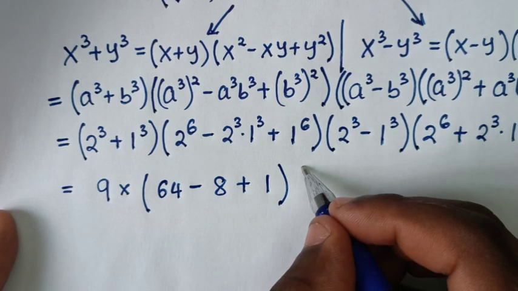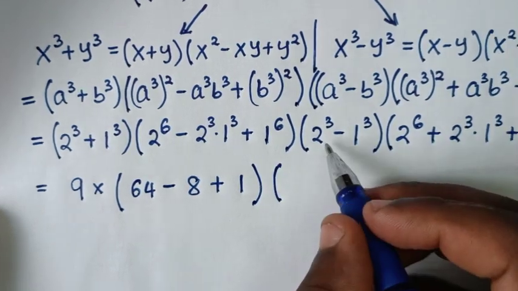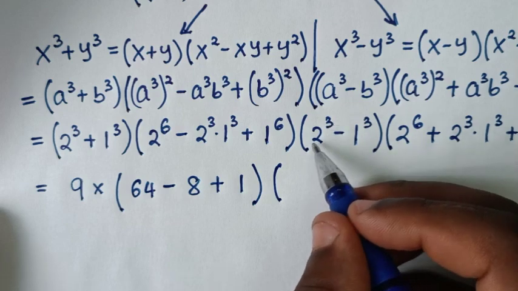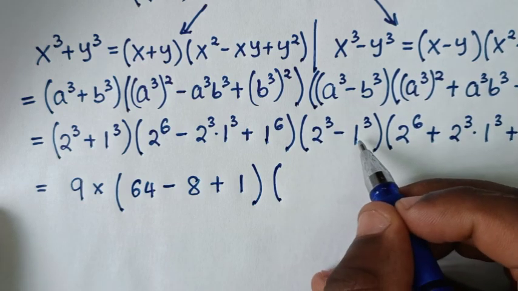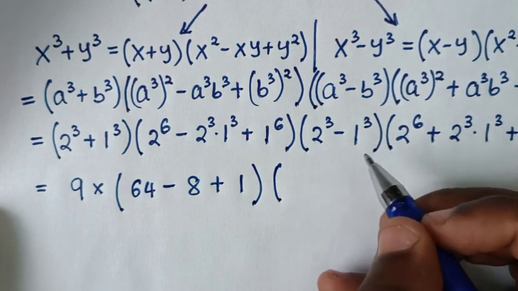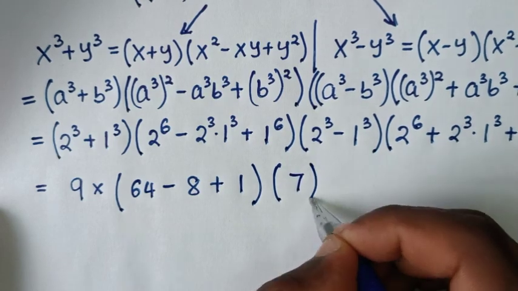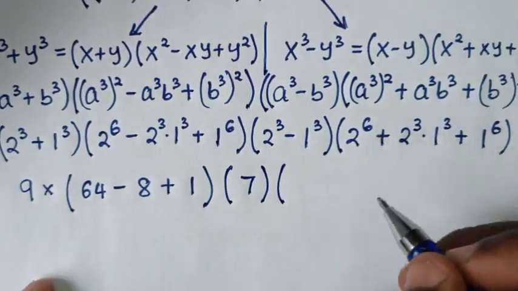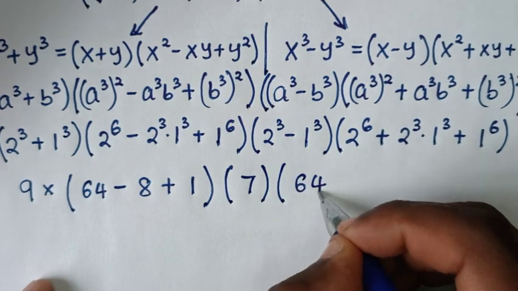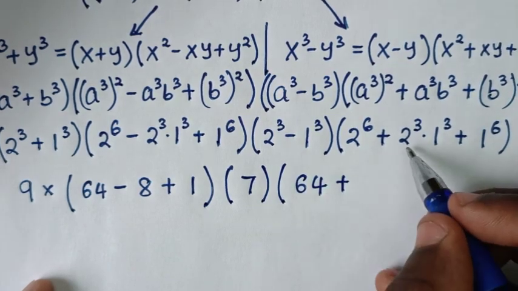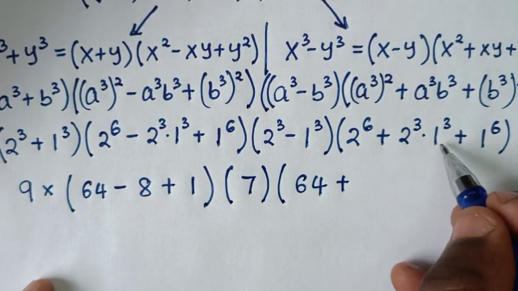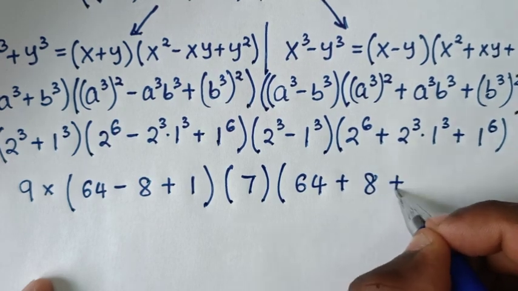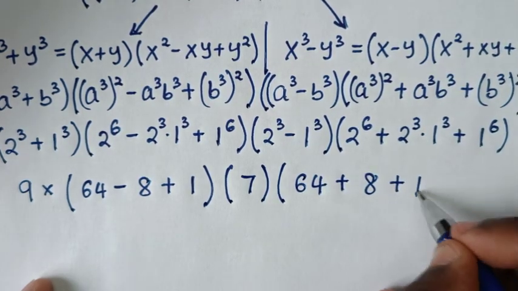Then the bracket here times the bracket, 2^3 is 8, 1^3 is 1, so 8 minus 1 is 7, bracket, then the bracket here, 2^6 is 64, then plus 2^3 is 8, 8 times 1 is 8, then plus 1^6 is 1, bracket.